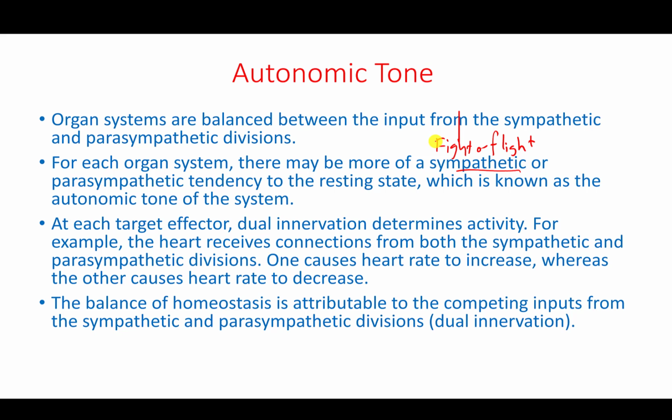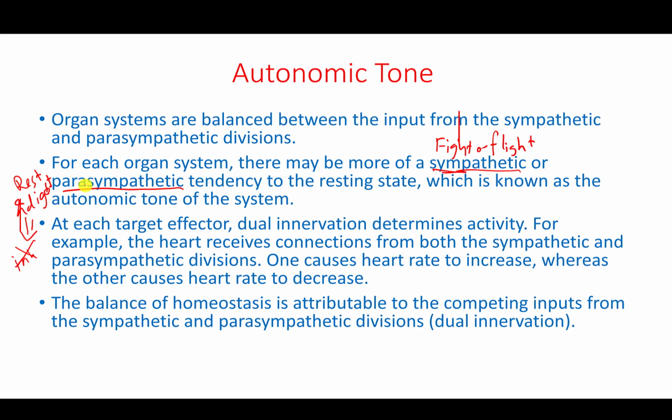We will see later some examples that for the sympathetic division, for the fight or flight response, we need to inhibit some organs from working. And the same situation for the parasympathetic. Yes, we said this is for the rest and digest, but this does not mean that it's always inhibitory. We need for rest and digest to stimulate some organs. So there are two different things happening here. Sympathetic is not always activating. Parasympathetic is not always relaxation. Okay? Keep this in mind.